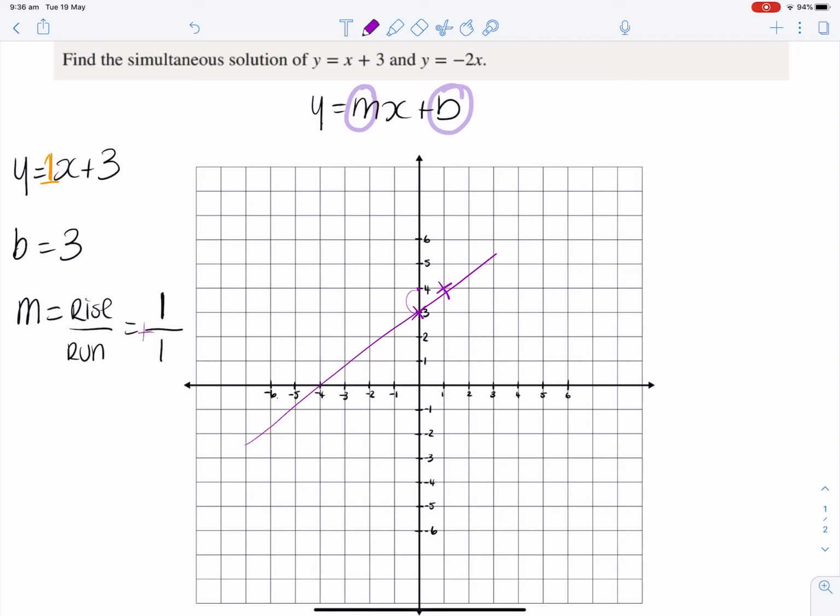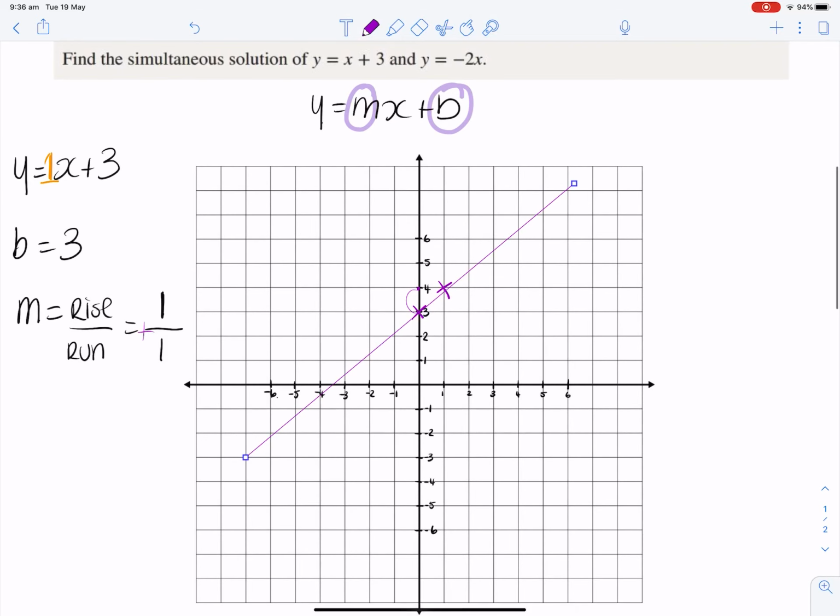That equation, using your ruler, is something like that. You want the lines to intersect properly so that your intersection point is very clear. And don't forget you should label your equation: y equals x plus 3.